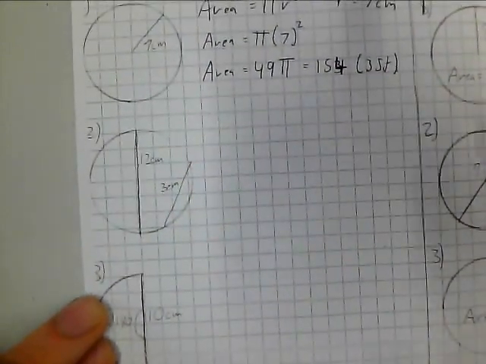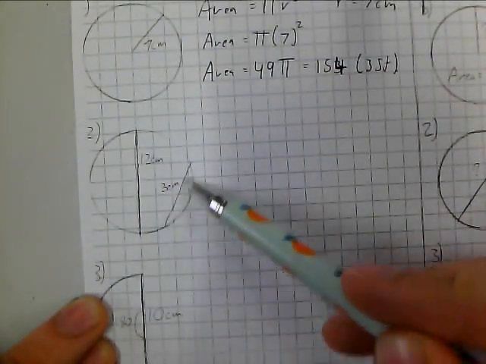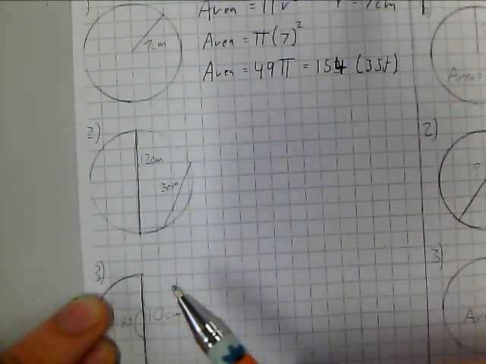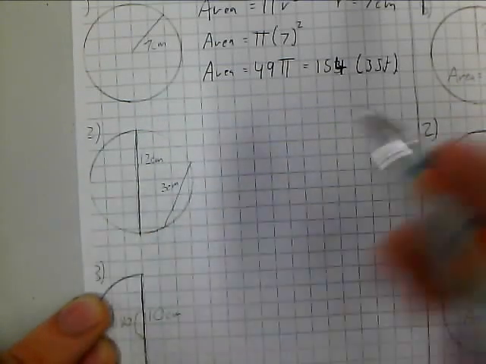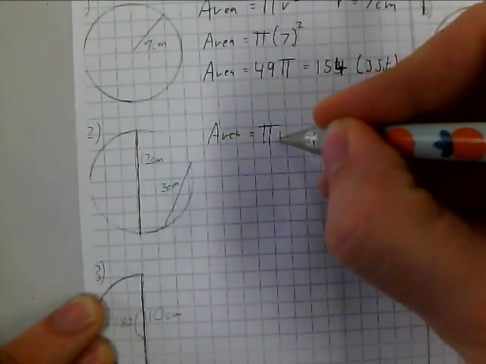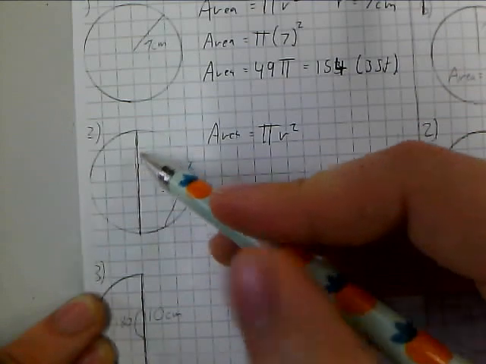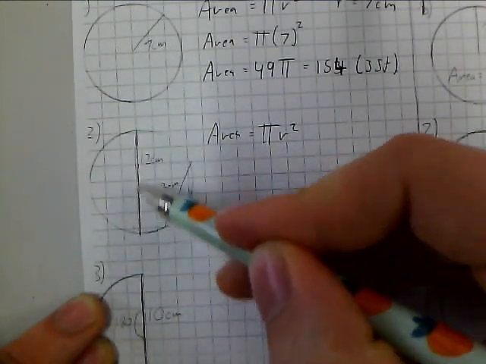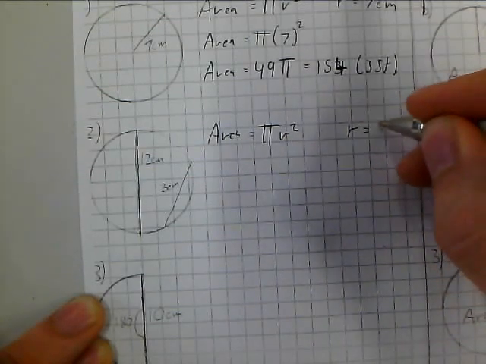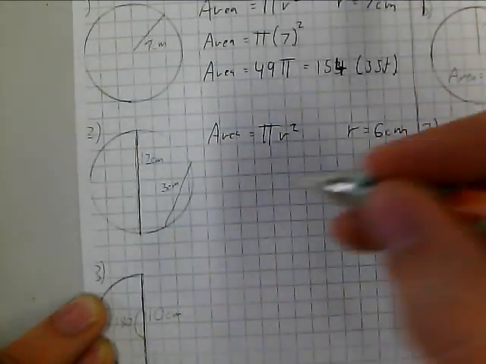Okay, next one. We have a distractor line here, so this is there to put you off. We're going to ignore that. We only care about the radius and diameter for areas and circumferences. So once again, area is equal to pi r squared. The diameter is 12, so the radius is half of this, so that's going to be 6. So the radius is equal to 6 centimeters.